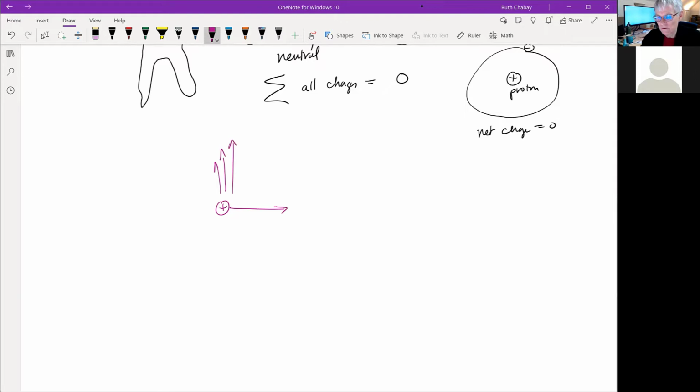It doesn't look spherically symmetric anymore. It looks kind of like this. So the shape of the electric field for a very fast moving charge changes. But it's still a charge. Its own electric field doesn't affect it, but other things' electric fields could change it, sure. And in fact, that's how we accelerate particles, by applying electric fields to them.